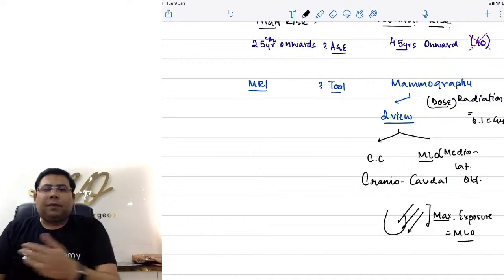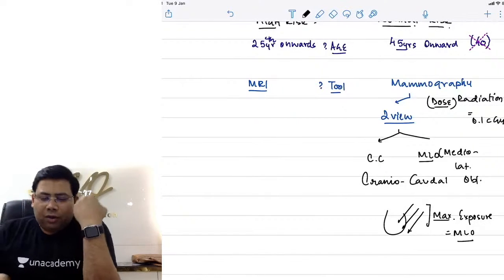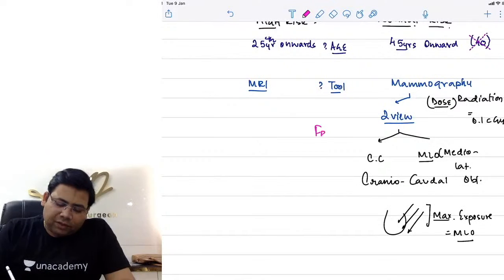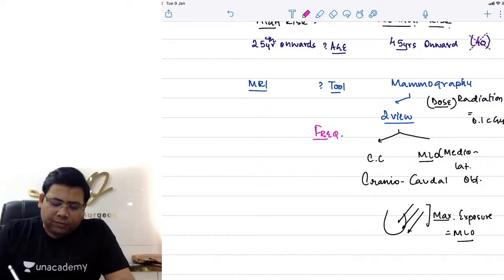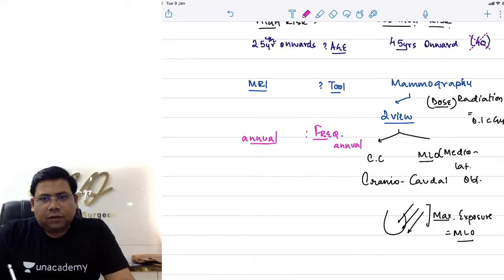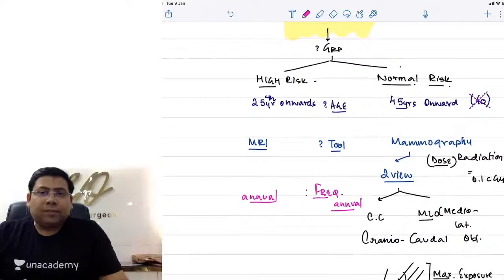I always remember MLO like maximum lump observation or maximum exposure. Craniocaudal is CC from top to bottom. But then we have the frequency. On what frequency are we going to repeat it? This is again annual. So we do it at annual frequency. So this is what is breast screening.